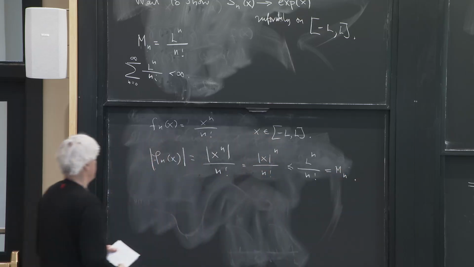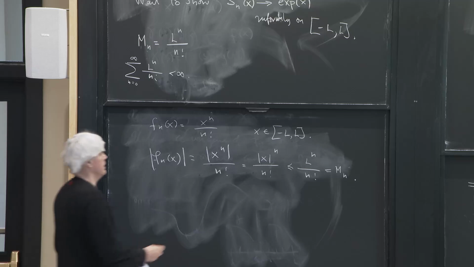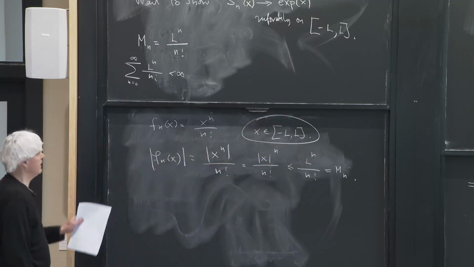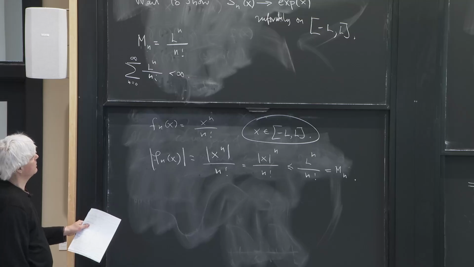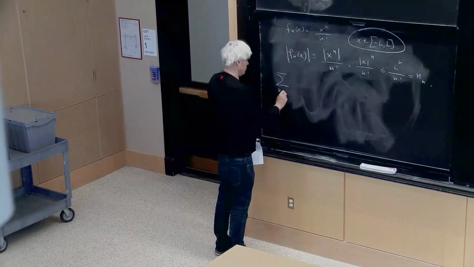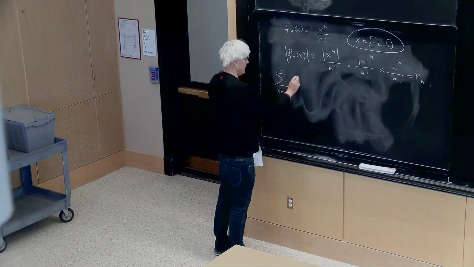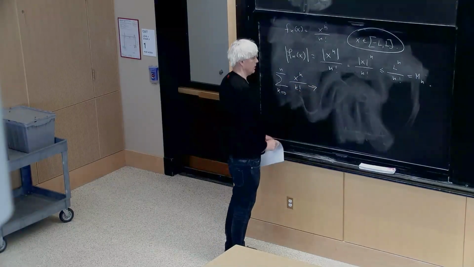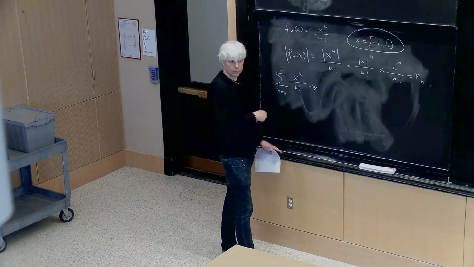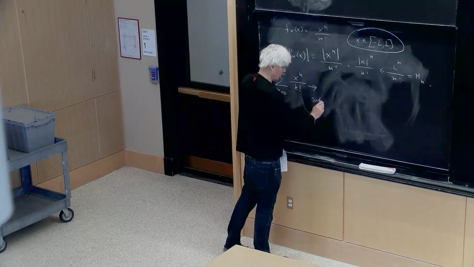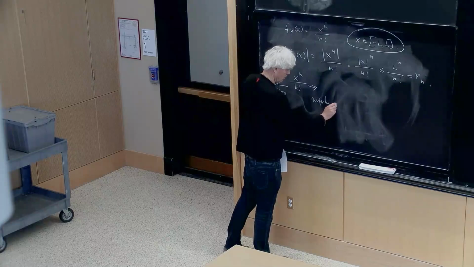And so now, when we restrict to this interval, the Weierstrass M-test tells you that the sum from k equal to 0 to n of x^k over k factorial actually converges to the limit uniformly on this interval.